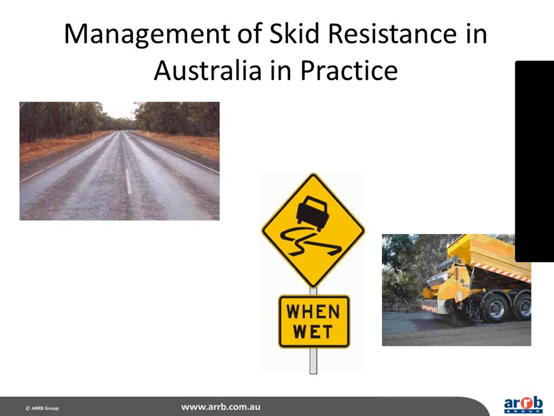I just want to come towards a close by looking at the management of skid resistance at the moment, some of the dilemmas that we have. It is a hard subject to get across. It is quite a hard subject to think about if you've got other demands and managing an entire network. We have, as it's shown on the top left there, a lot of roads where we have flushing and bleeding of spray seal surfaces.